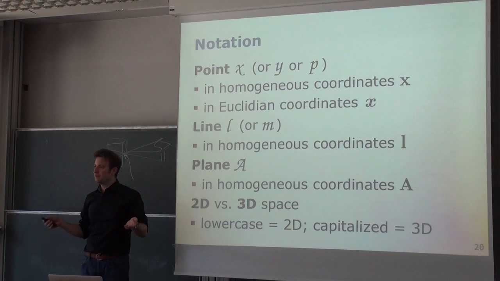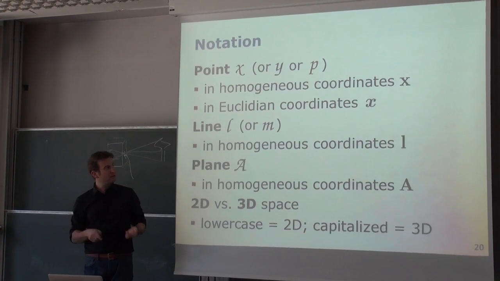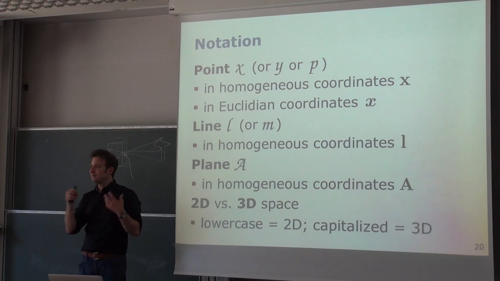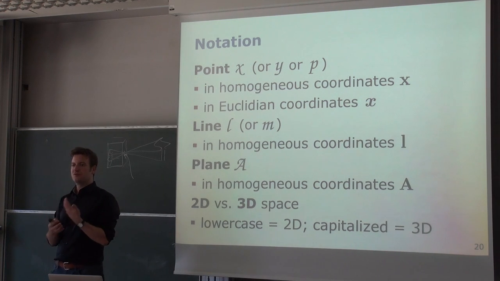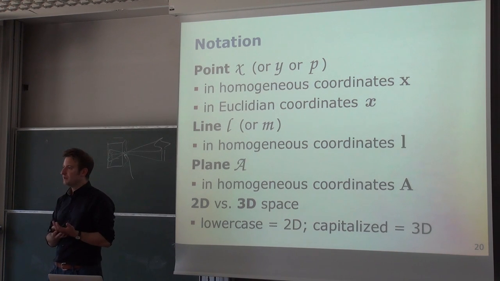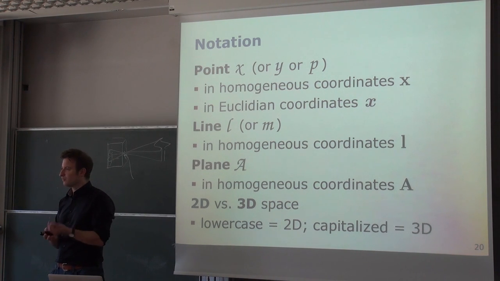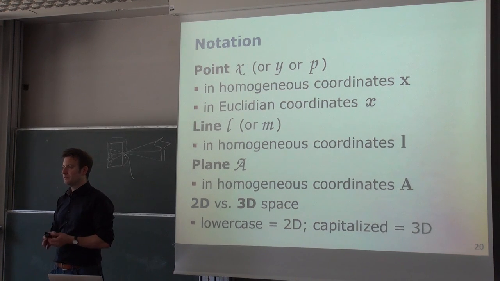We can talk about a point in space, and the point can be represented in homogeneous coordinates or in Euclidean coordinates. Therefore, this distinction of giving the point a different font just describes the object, the point, and not its specific configuration expressed in a certain coordinate system. Is that kind of clear? Okay.